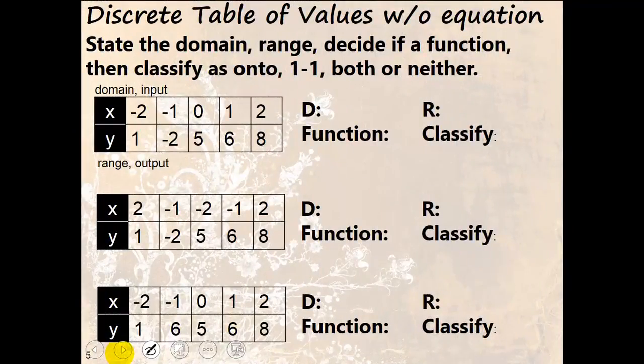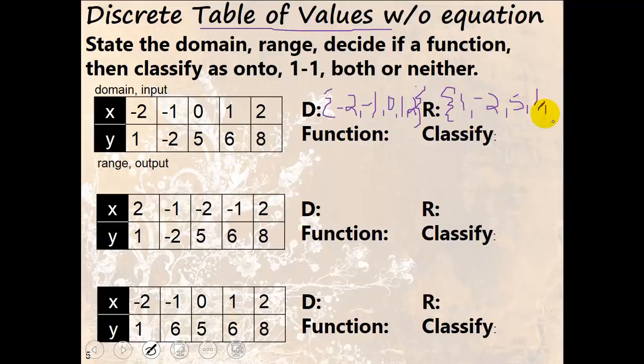All right. Now we're going to do the same type of thought process with the table of values. State the domain, the range, decide if it's a function, then classify as onto, 1-to-1, both, or neither. So my domain here are the x values, 0, 1, and 2. The range are 1, -2, 5, 6, and 8. Is this a function? Yes.